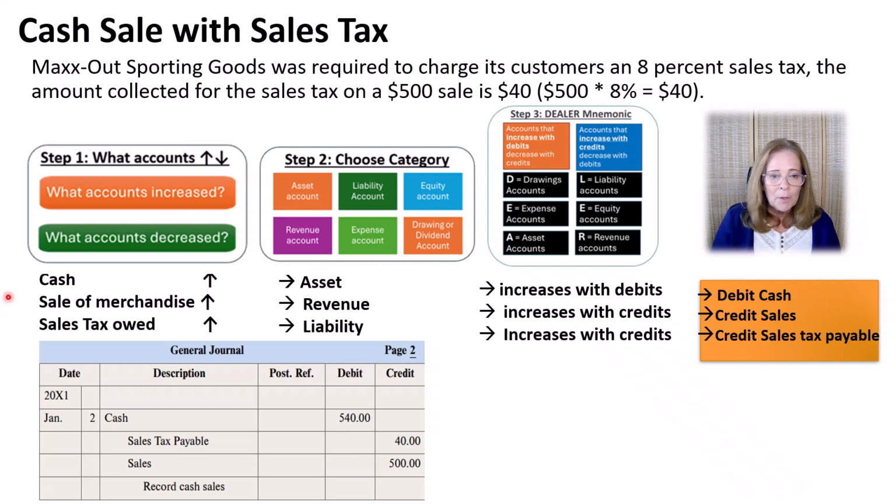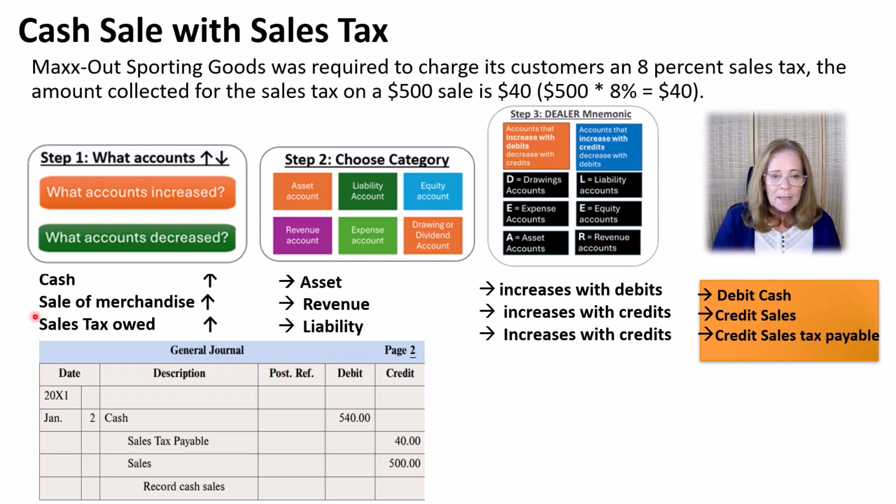And we're now dealing with a transaction that includes more than two parts. In this case, one debit and two credits. First, cash increased. Cash is an asset, and assets increase with debits. So we need to debit cash for the amount collected from the customer, which is $540.